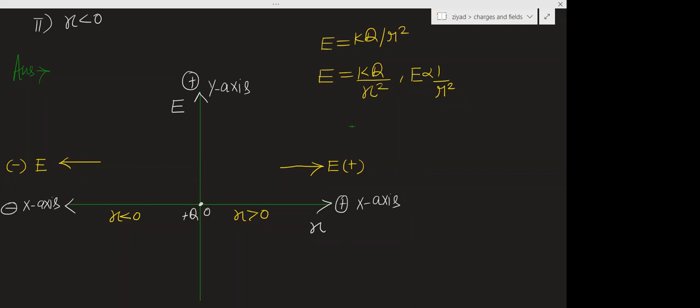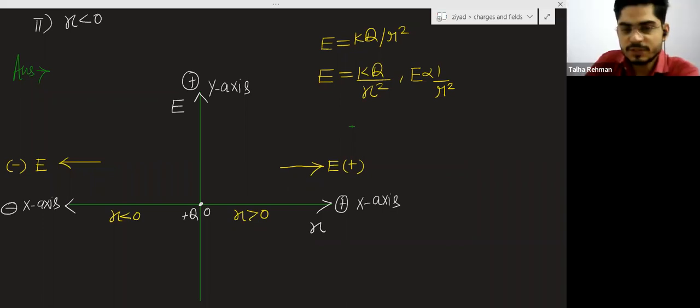Here x is greater than 0, and this is the positive charge. If you want to find the value of electric field at a point here, the direction of electric field will be in this direction.